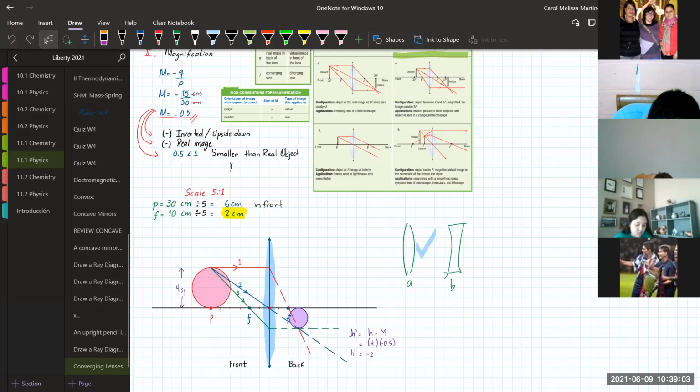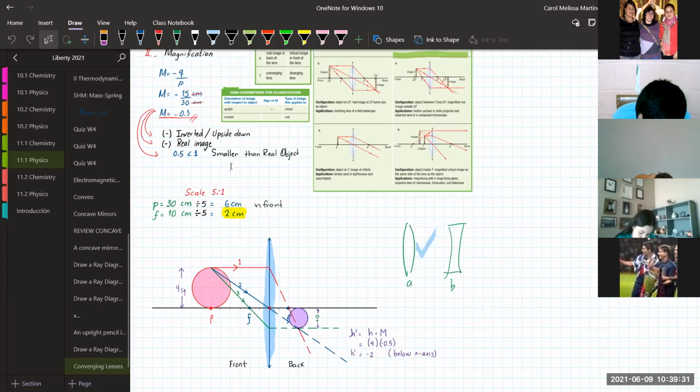Does it measure 2 squares or no? Yes. So when you draw the objects, if you use the right scale, everything will match. Okay?